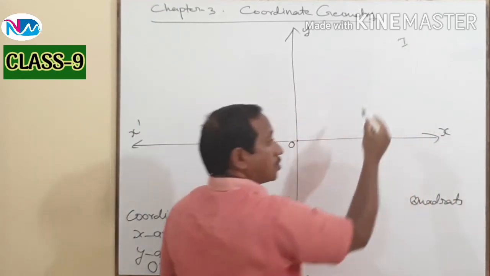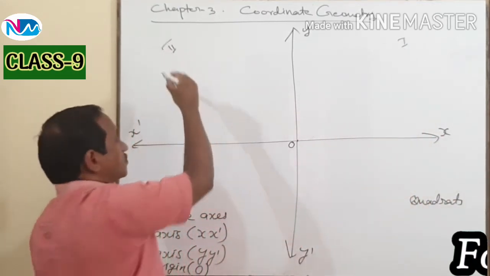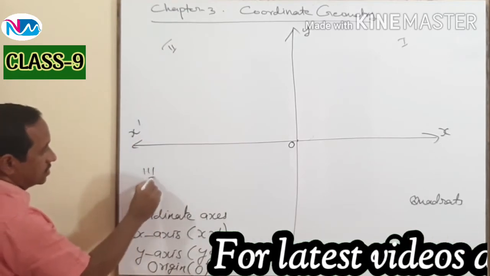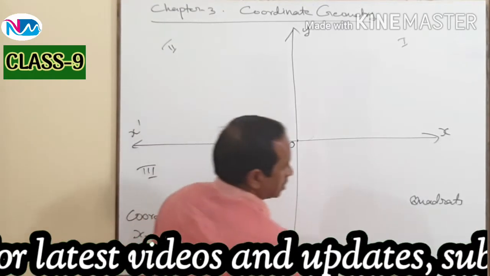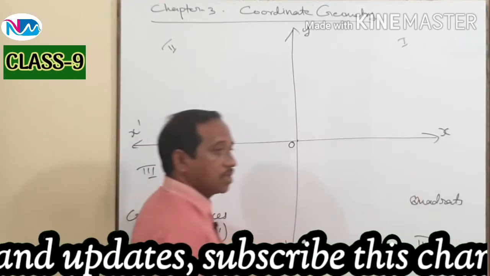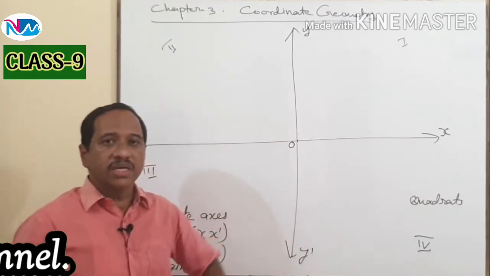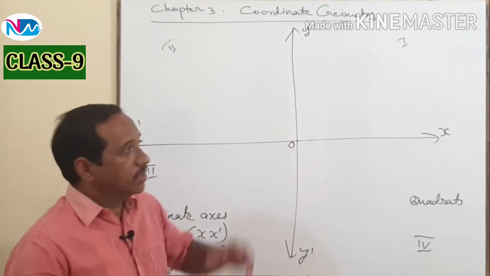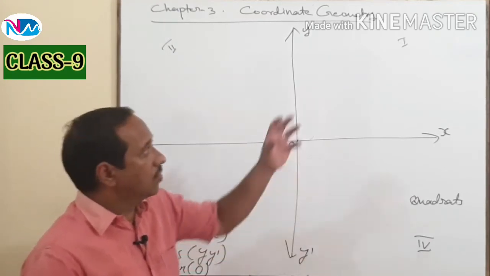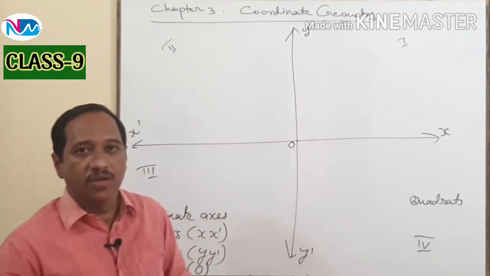This is first quadrant, and this is second quadrant, and this is third quadrant, and finally this is called the fourth quadrant.